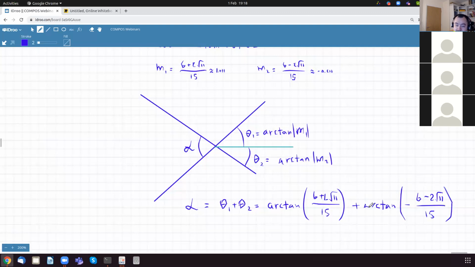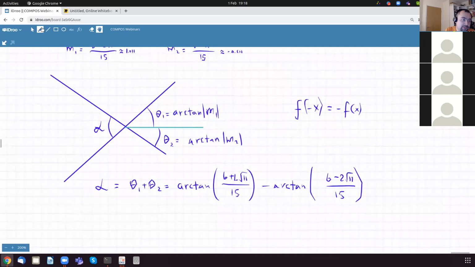And we know arctan is an odd function. For an odd function, f of minus x is equal to minus f of x. So we can take the minus outside. And that is it. We could potentially leave the answer like this, and this is approximately 57.2 degrees.